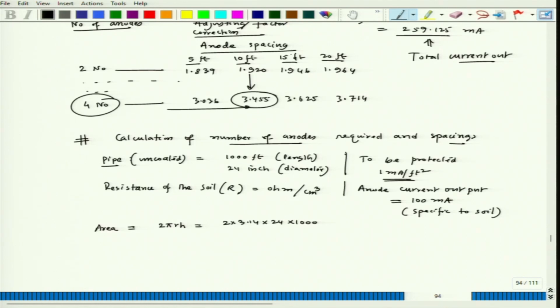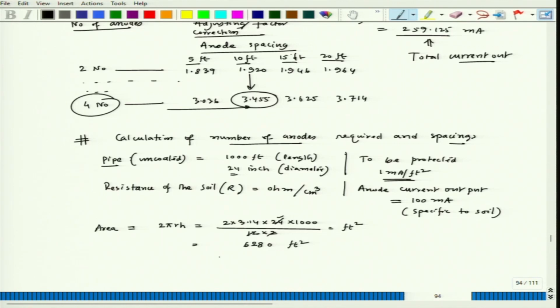Here 24 is in inches, so in order to convert into feet we divide it by 12, and since this is the diameter, we divide it by 2. So, this is feet square. This is the surface area. So, we can get rid of this. Then it becomes 6280.